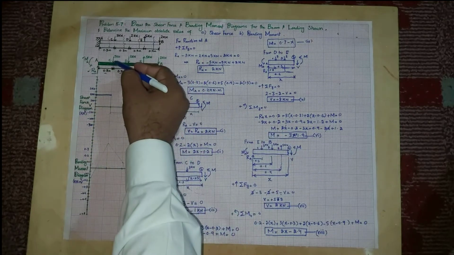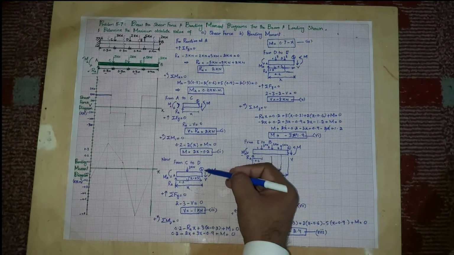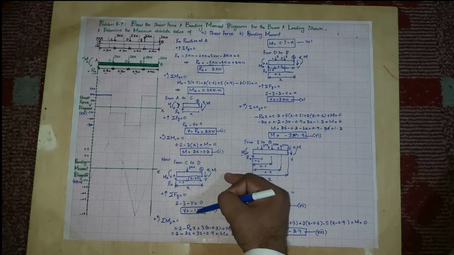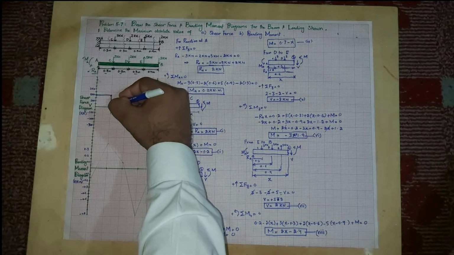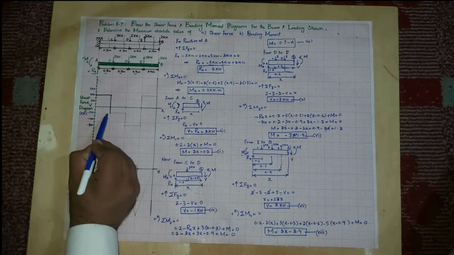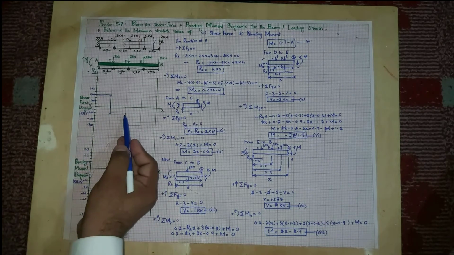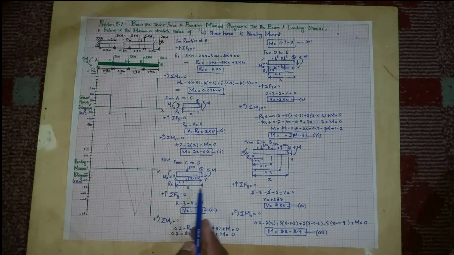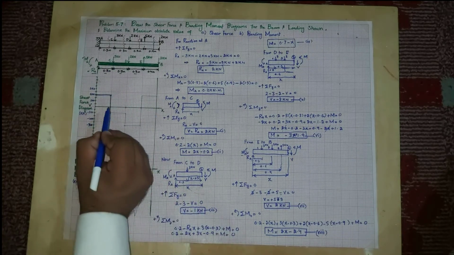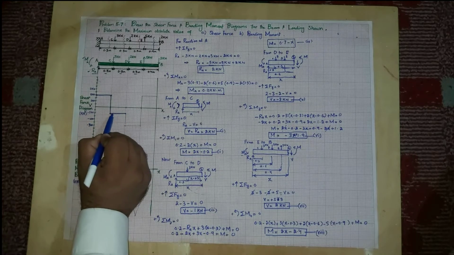Now from C to D, at point C you can see that the shear force is minus 1. So from this point it will come to this minus 1, which I have already shown over here. From C to D this value is minus 1 and constant. Clear?